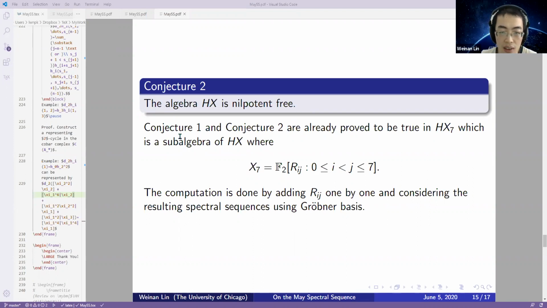I've actually done some computations showing that the conjectures are true in a smaller sub DGA of X. So X7 is actually a retract of X as a DGA, so its cohomology is a sub algebra of the cohomology of X. Here X7 is given by this.